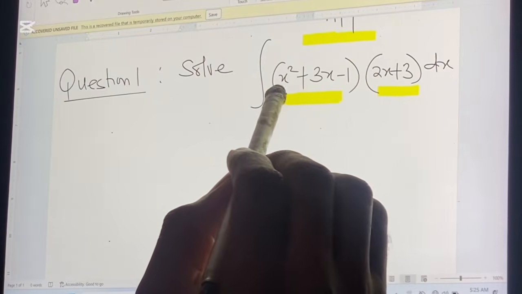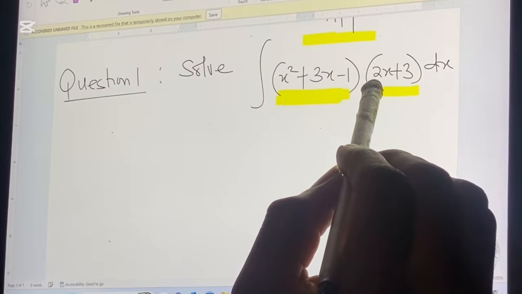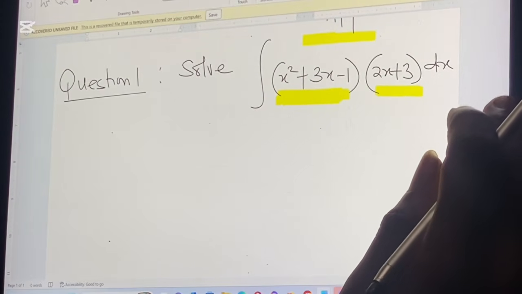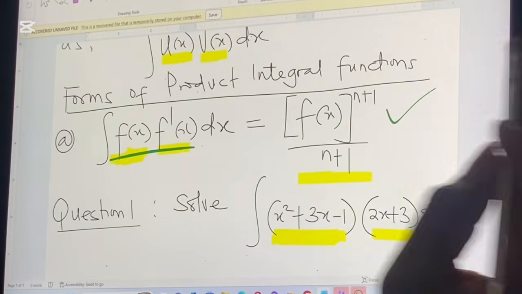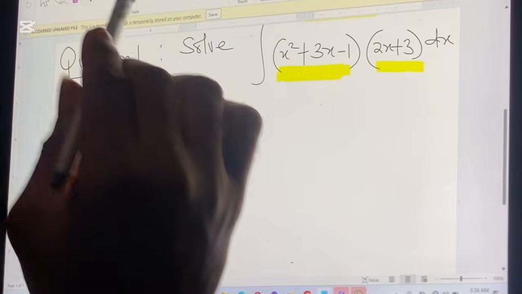If I differentiate this function here, is it a reflection of the next function? If yes, we use this format here to integrate that. Please take note. So let's solve this first. Solution.